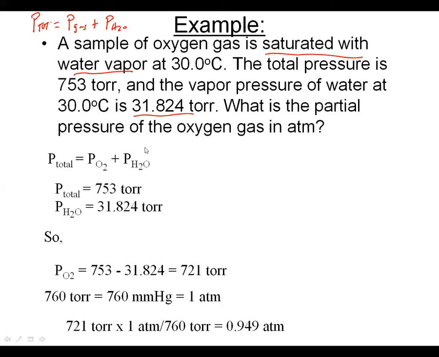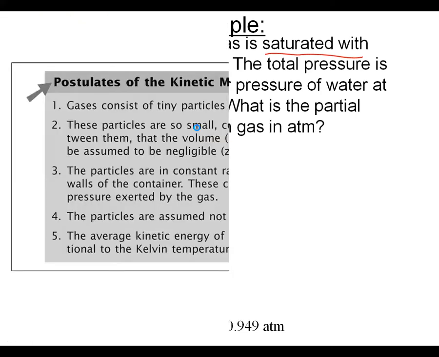If you need to use that pressure in an actual gas law, like the combined gas law or the ideal gas law, you would want to use the pressure at the end, which is the pressure of just the oxygen gas, where you've subtracted off the water. Any questions on partial pressures here?